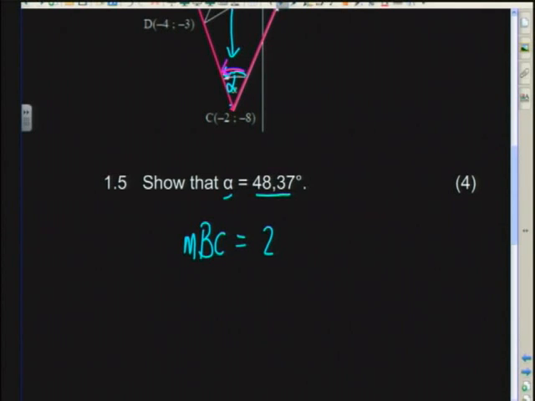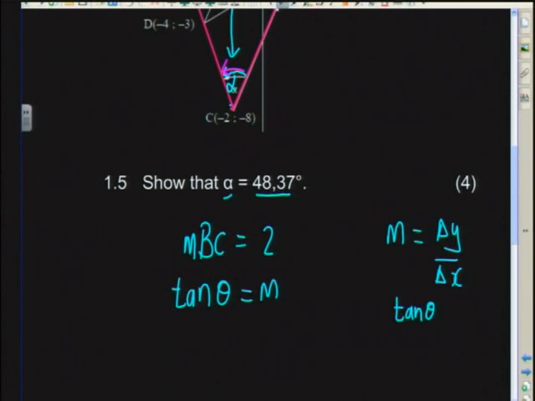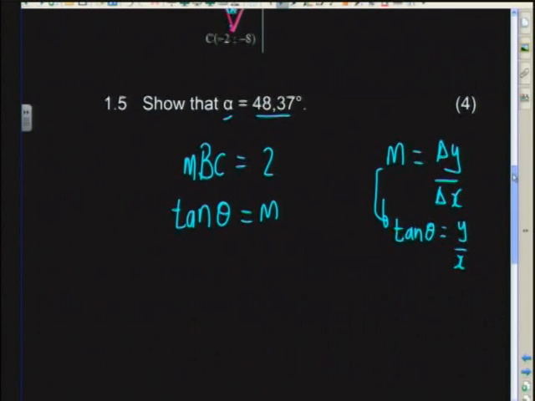Remember, when we're looking for angles of inclination, we say tan of theta is equal to the gradient. The reason for this is that the gradient is the change in y over the change in x, and by definition, tan is also y over x. So we can equate them and say the gradient is equal to tan of theta, and that will help us to find theta.